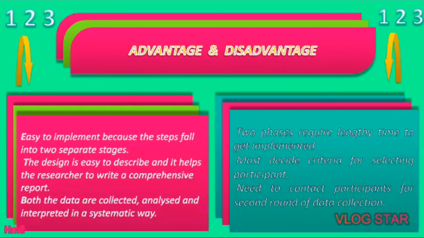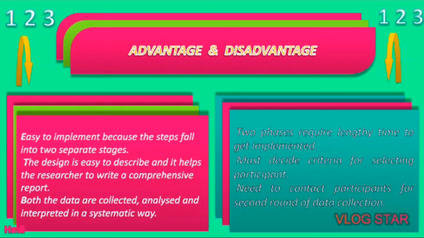In the explanatory sequential method, he has to finalize and list out the criteria for selecting his samples, because in this type of design he has to use two methods of data collection, first quantitative then qualitative.